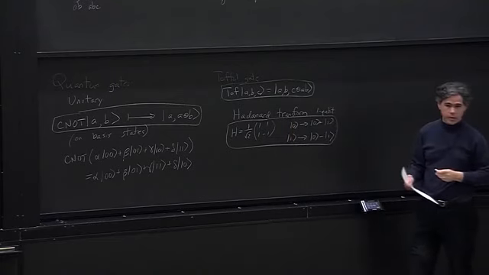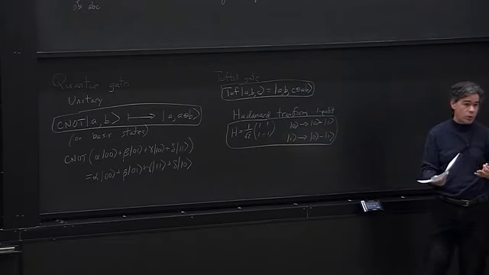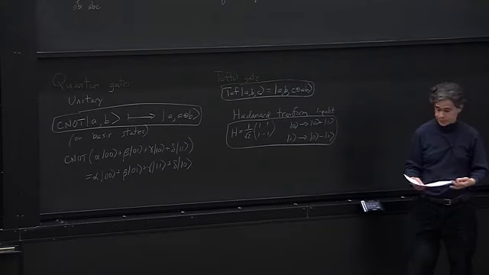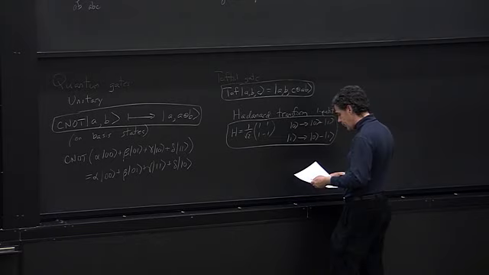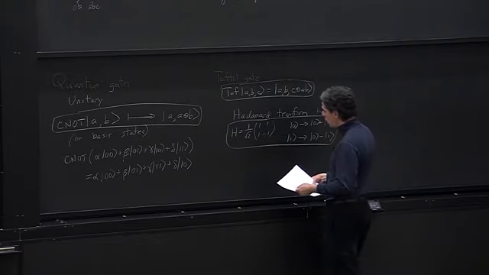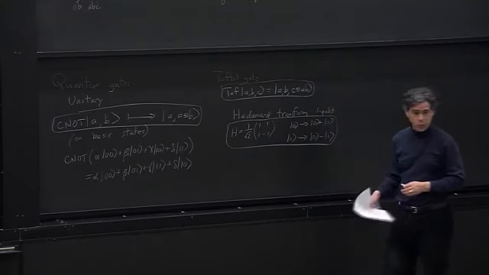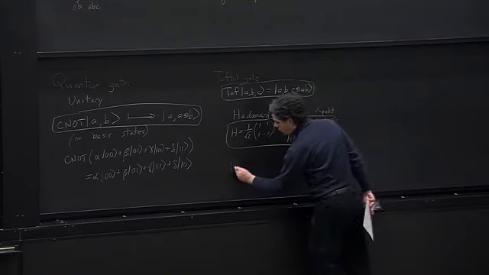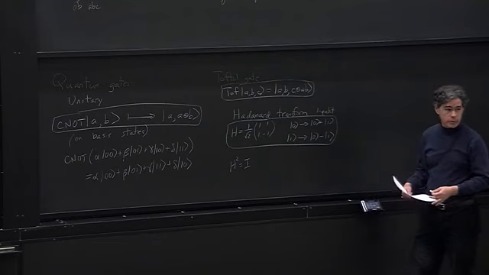OK? And this is one of the most important quantum gates because it's something that's fundamentally quantum, right? It's not a classical gate. It's worth noting, as an important separate fact, that if you calculate H squared, you get the identity. So H is its own inverse.